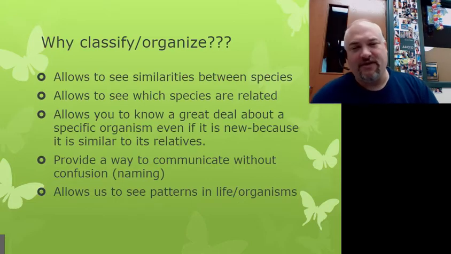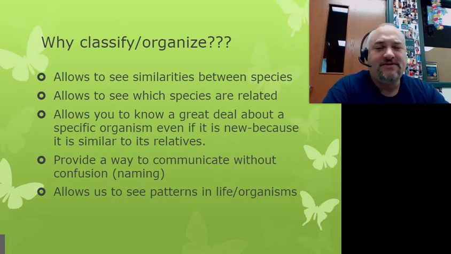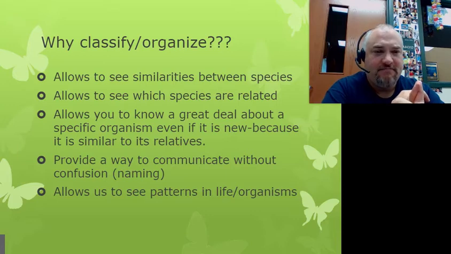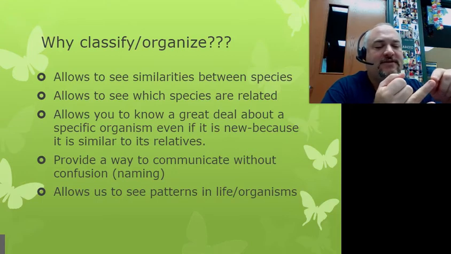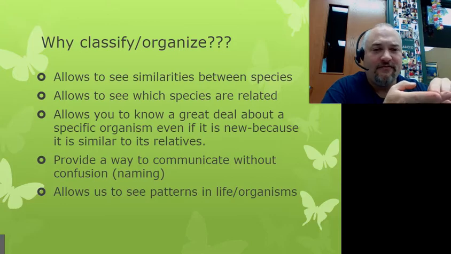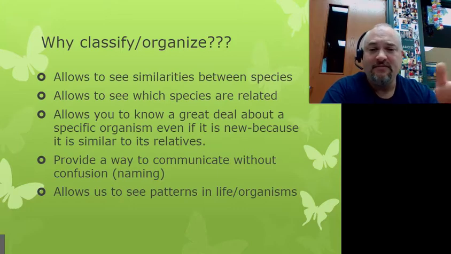Why do we classify an organism? It allows us to see similarities between species, like mammals, right? If we know that something's a mammal, we know that it's going to have some fur, it's going to give live birth, it's going to feed the young milk, it's going to raise the young for a while. There's a lot of commonalities if we know that. It allows us to see which species are related.